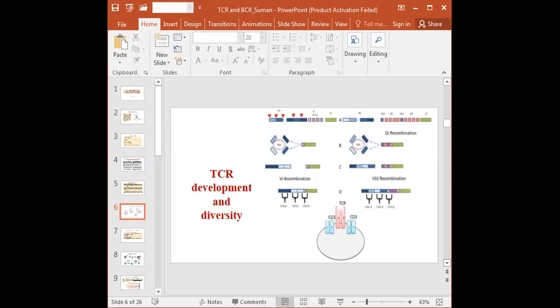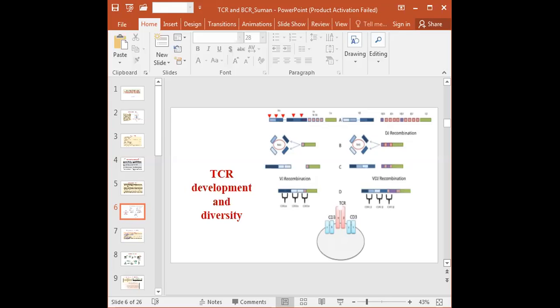TCR development occurs through a lymphocyte-specific process of gene recombination that assembles a final sequence from a large number of protein segments. This genetic recombination of TCR gene segments in somatic T cells occurs during the early stages of development in the thymus.